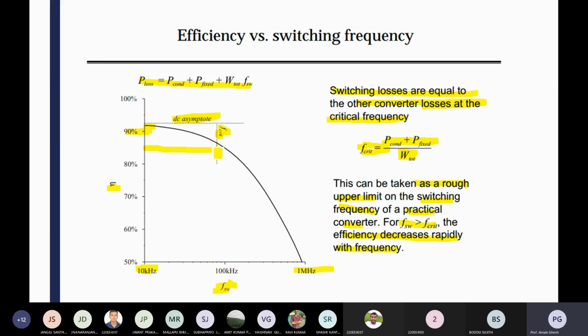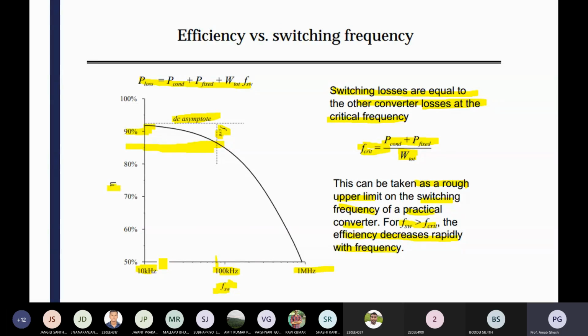If you plot it, you will get more or less 85%. That's the way of fixing it, and you can see it is coming nearer to 100 kilohertz in this device. That's the way to understand how to select your switching frequency.